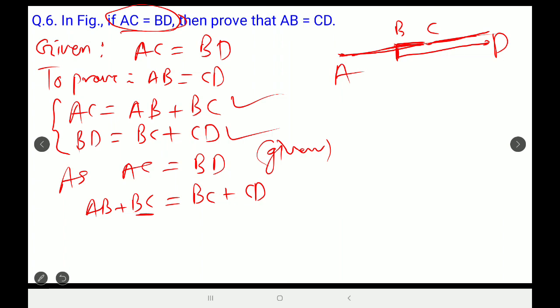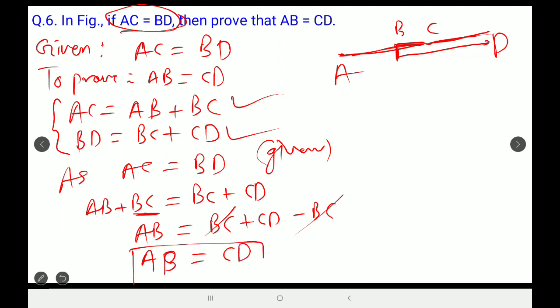Now if we transpose this BC on that side, it will be minus BC. Here we have AB equal to BC plus CD minus BC. Plus BC minus BC cancel. So now we have AB equal to CD. Hence it is proved. Done. Next one.